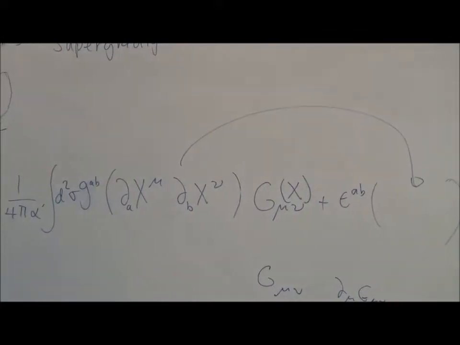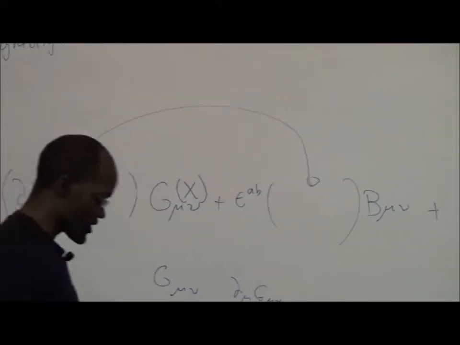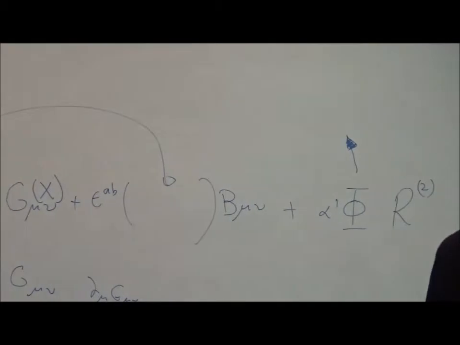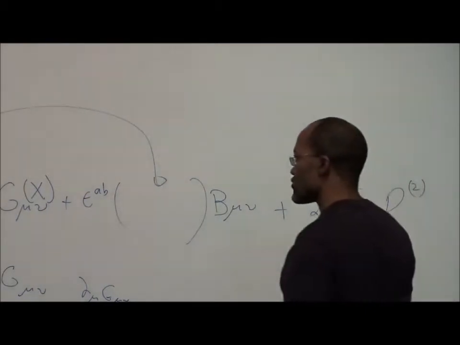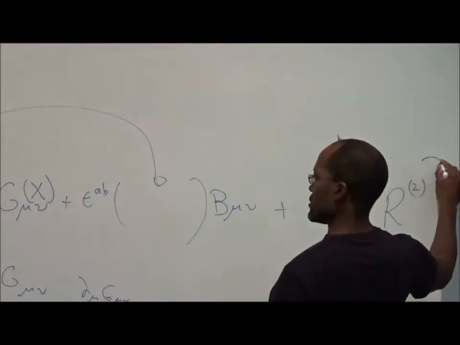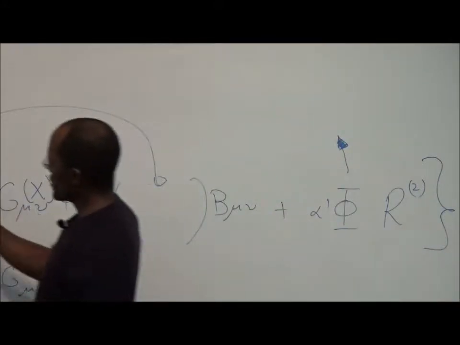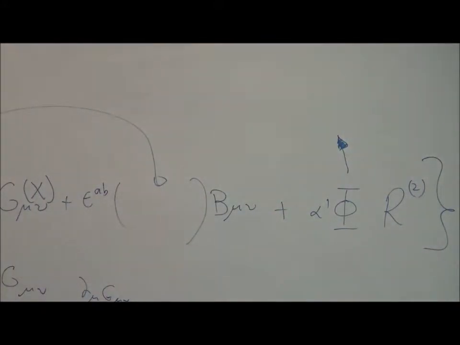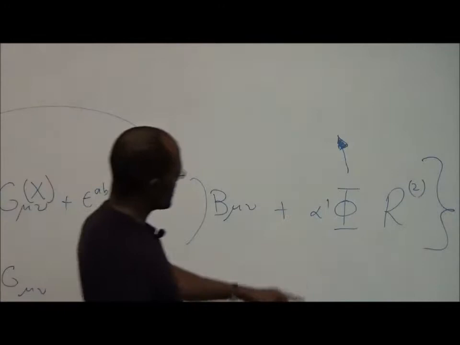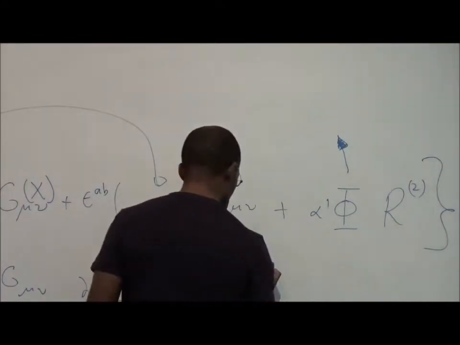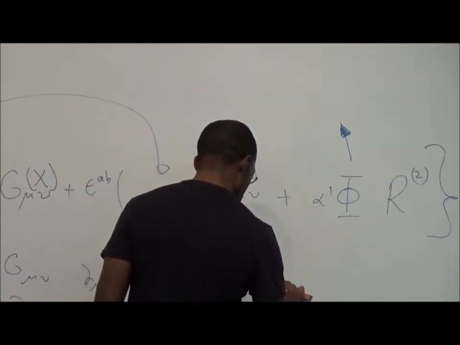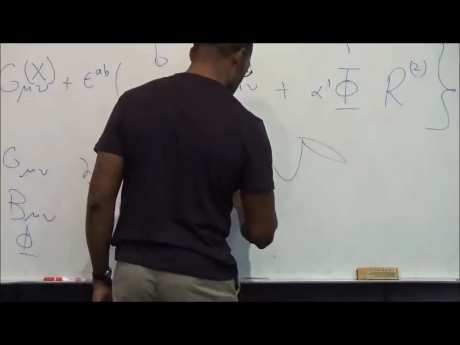So the dilaton is somehow some local measure of that strength of splitting and joining. And one of the rather nice ways of seeing that is the fact that string perturbation diagrams are organized by topology.